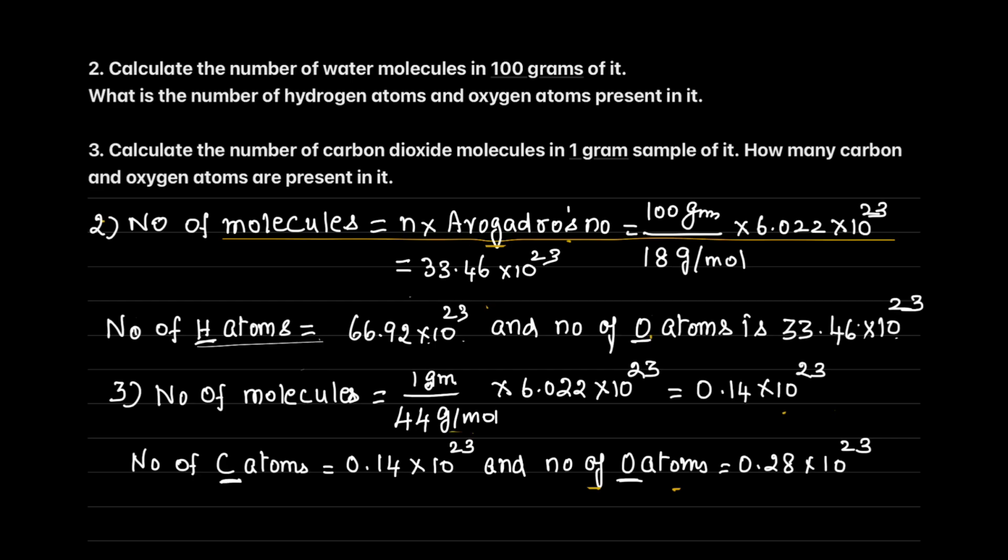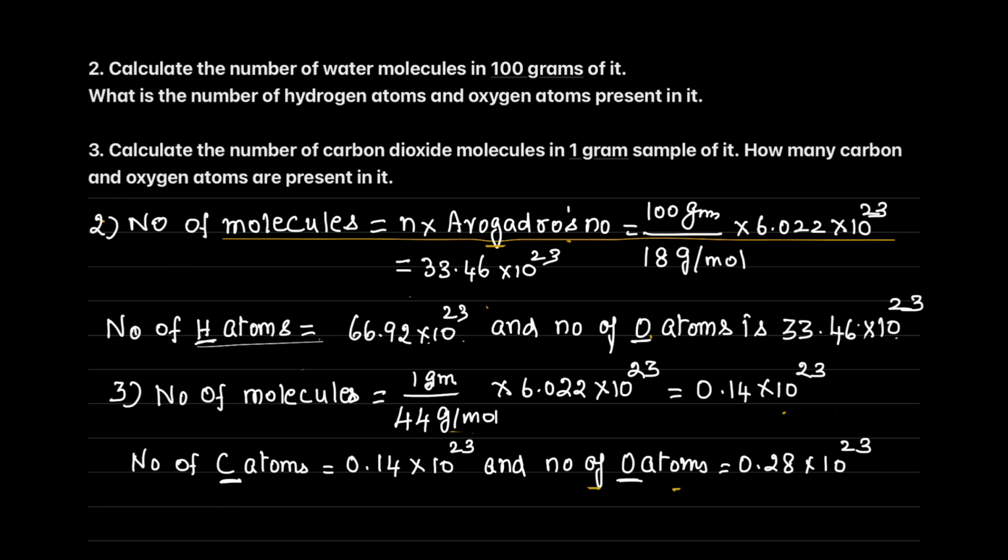Question number 2. Calculate the number of water molecules in 100 grams of it. This is the first part of the problem. The first step is the calculation of the number of moles. The substance mentioned in the problem is water and its mass given is 100 grams. Therefore, the number of moles is equal to 100 grams divided by 18 grams per mole.